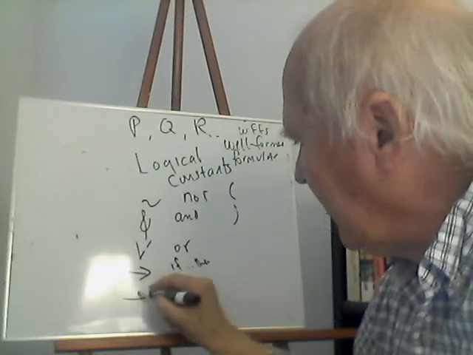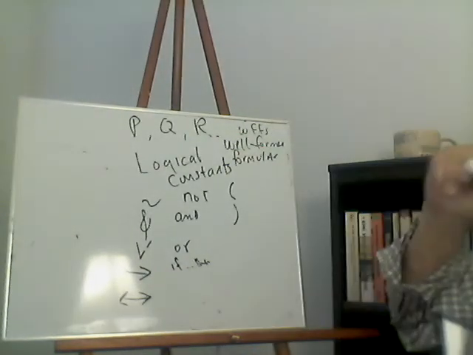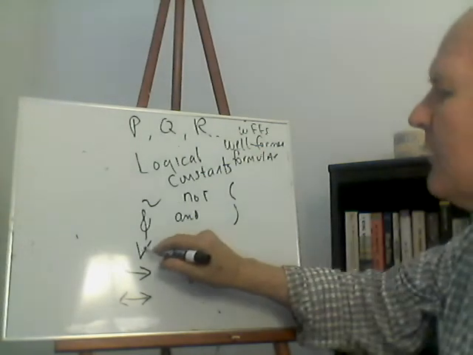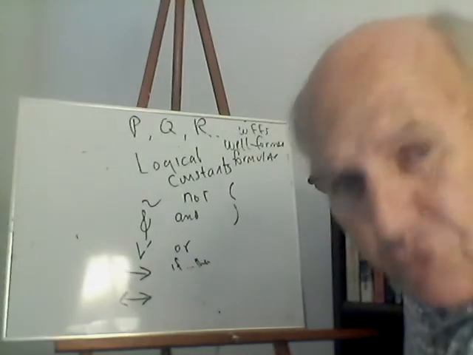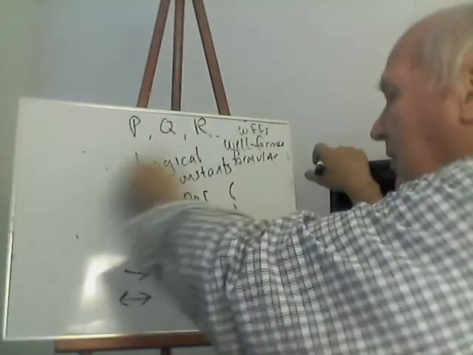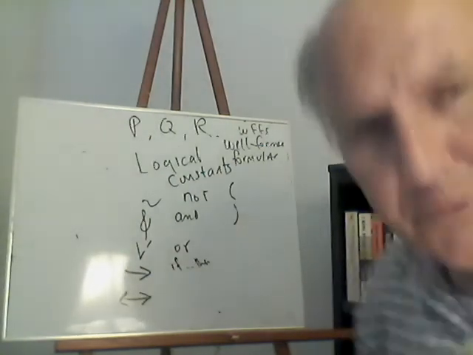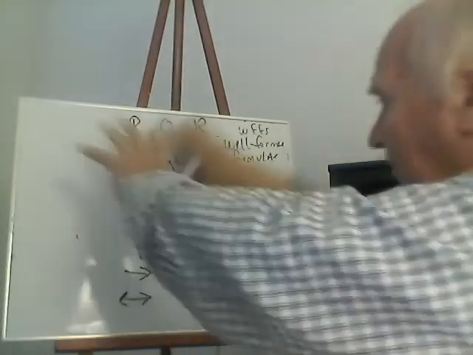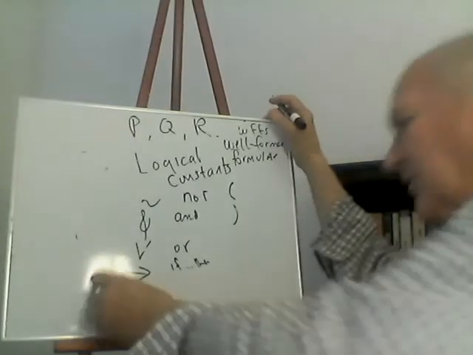We're also going to use the double arrow. So basically that's it. When we get to predicate logic, we're going to have to add a couple more symbols. But anyway, it's a pretty simple language. It's much simpler than learning German or French or Spanish. All you've got are three letters and these seven symbols. That's it. And from this grammar, we're going to build everything else up.